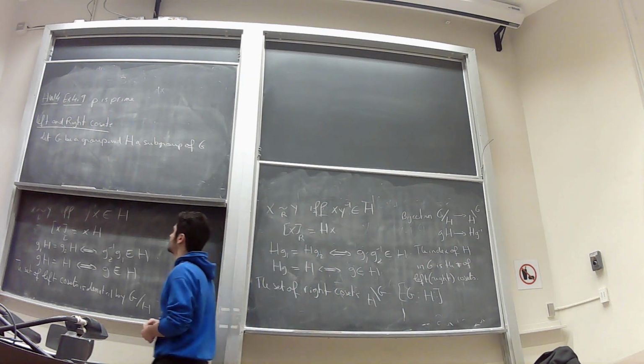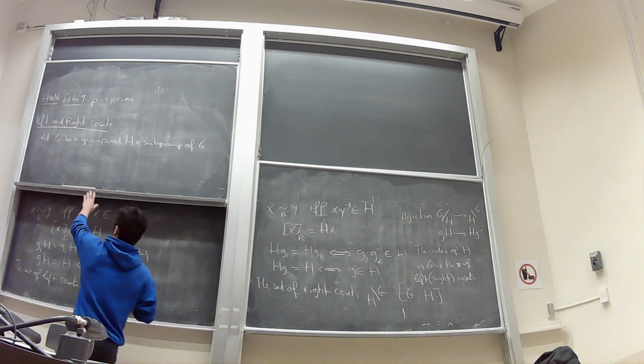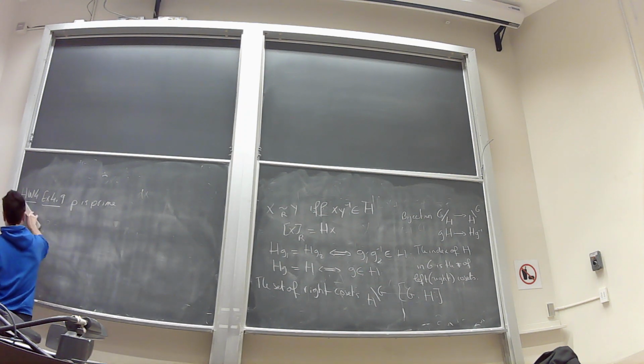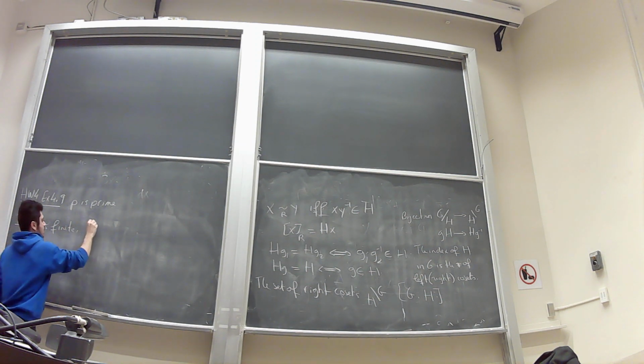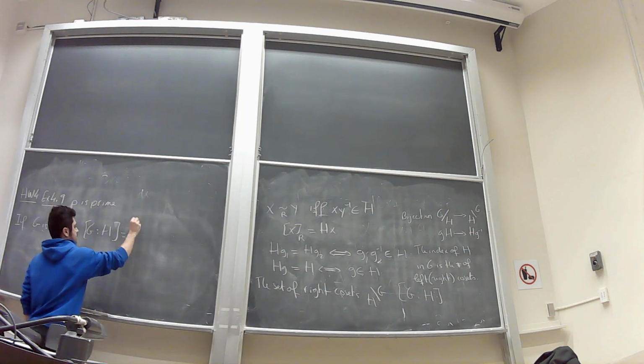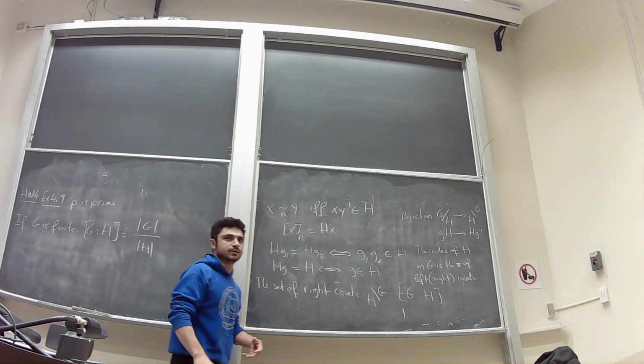And if G is finite, the index of H in G is equal to the cardinality of G, or the order of G, divided by the order of H. Okay?